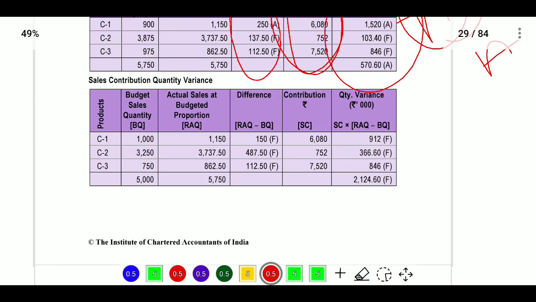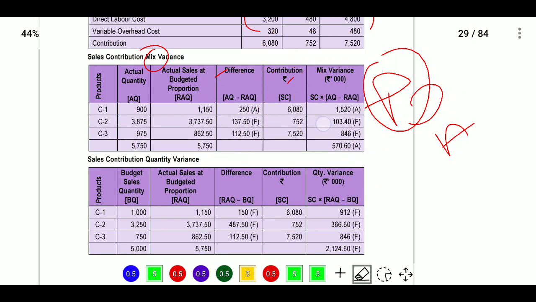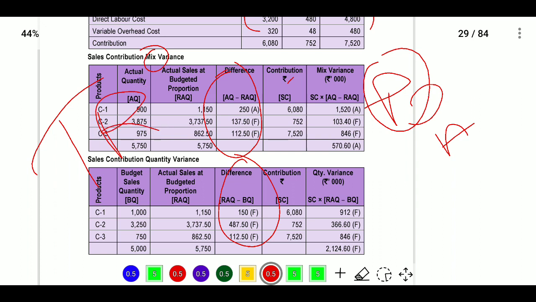Where we require sales contribution quantity variance, we will require quantity. What is it? Revised actual quantity minus budgeted actual quantity. Here also we take actual quantity minus revised actual quantity. Why are we taking it reversed? Because sales means right hand side, and right hand side means we take the reverse.